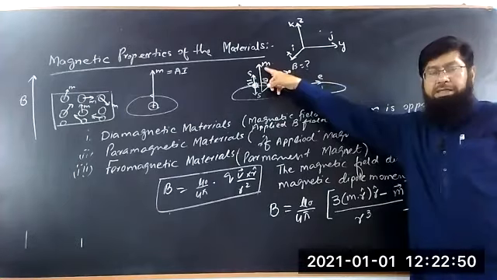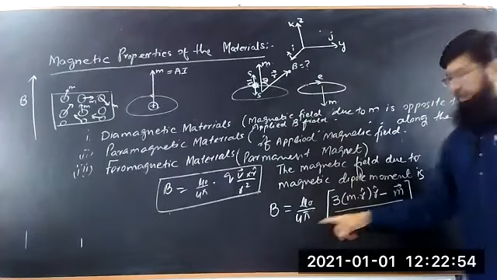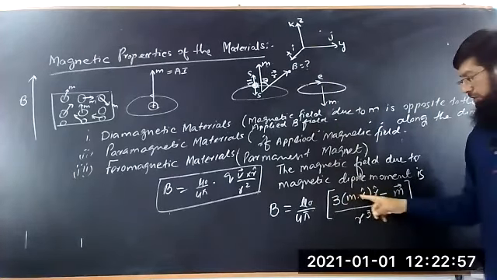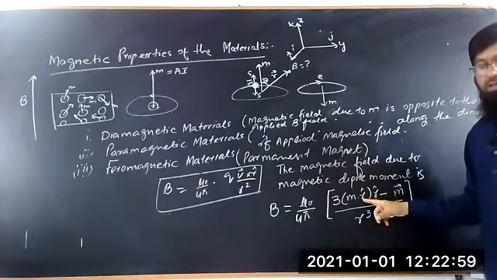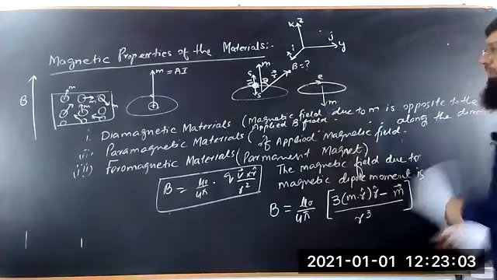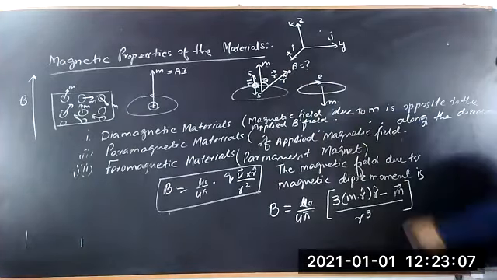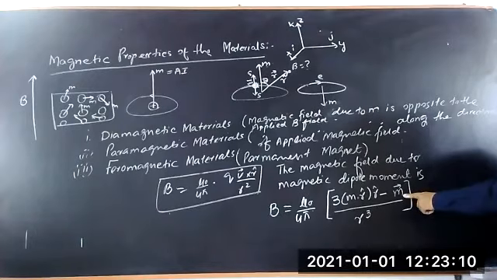So this B, which is the magnetic field at a point P due to this magnetic dipole moment M, is equal to mu naught upon 4 pi into 3 M dot r-hat. Here r-hat is the unit vector which indicates the direction of the position vector, and M is the vector here.